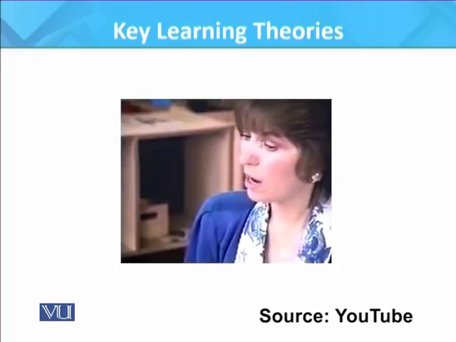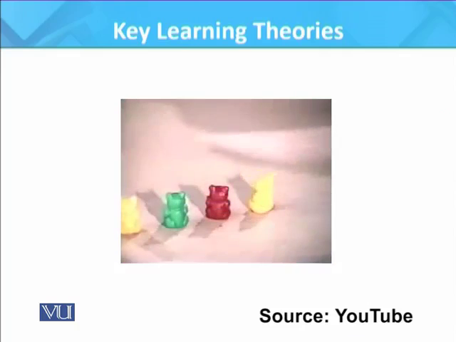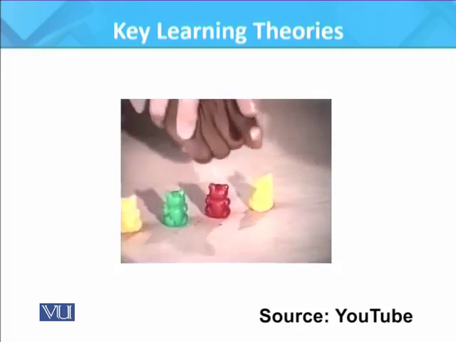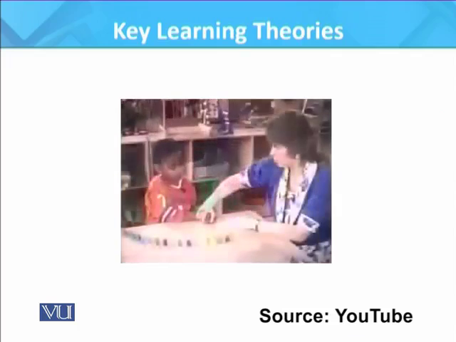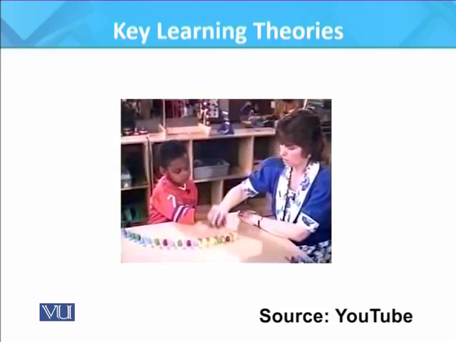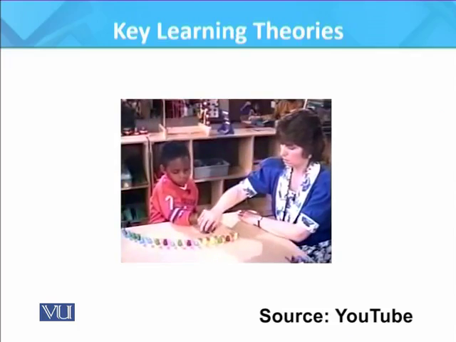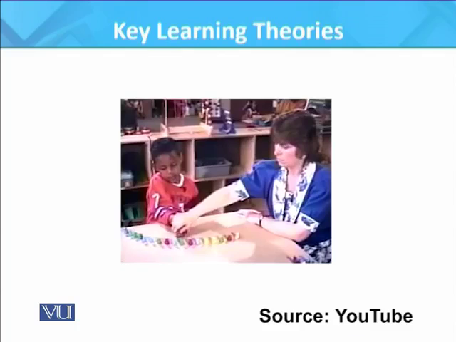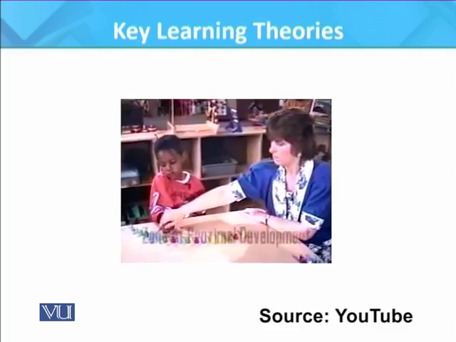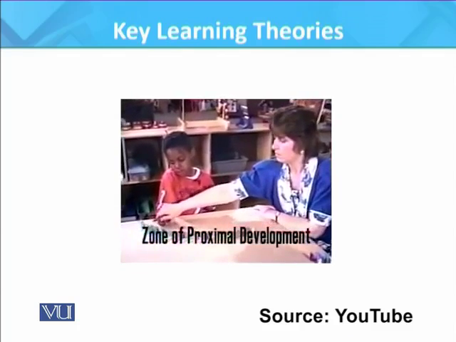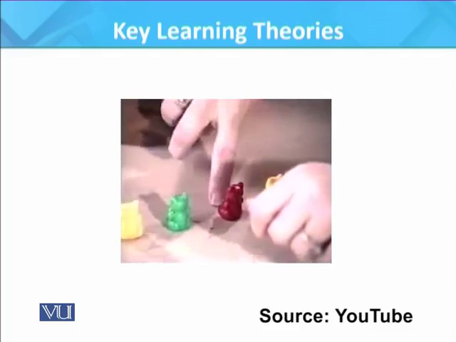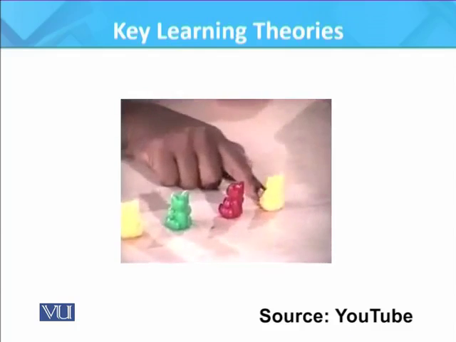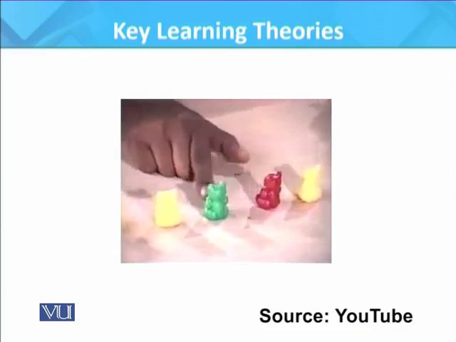The next time we count them, I'm going to help you. Okay. Put your finger out and we'll count each one. 1, 2, and help you point. 1, 2, 3, 4. It is in this context that we will discuss the best-known part of Vygotsky's work, the zone of proximal development. Point to each one close to the bear and count loudly. 1, 2, 3.